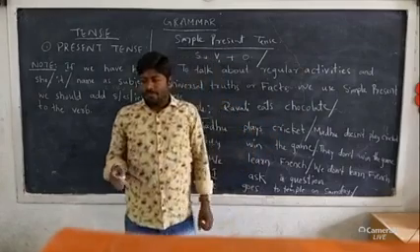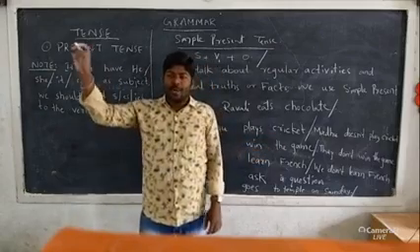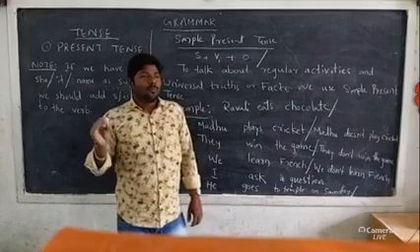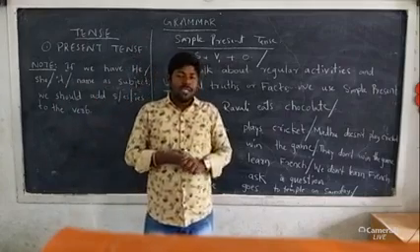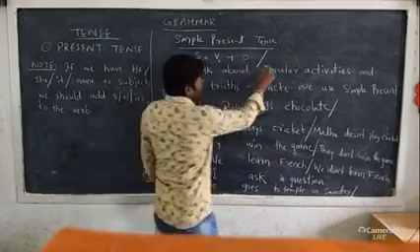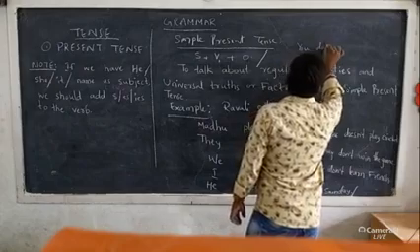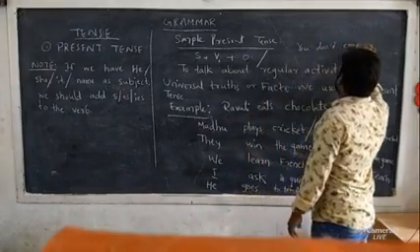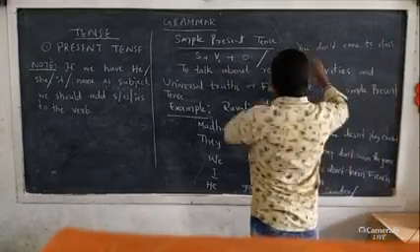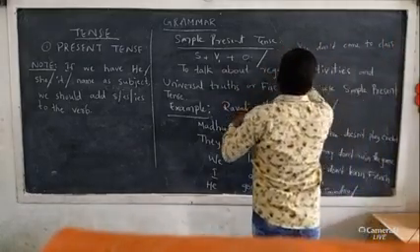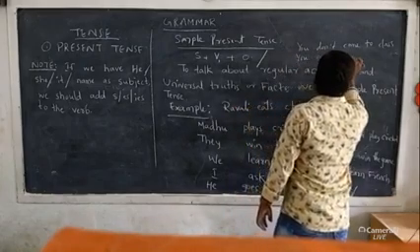For suppose, if you do not come to the class, you cannot get the notes. For suppose, you cannot understand things properly. You don't come to class, and then you can't get the notes.